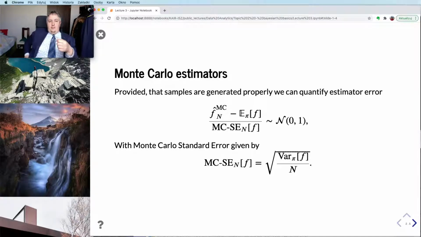For sums of random variables, we have the law of large numbers, and we have the central limit theorem, and the central limit theorem says that a variable that is a sum of identically distributed variables, and the mean is exactly that, is normally distributed, and this normal distribution has the expected value equal, in this case, to the expectation, and has a standard error given by the square root of the variance of f with respect to distribution pi divided by the number of samples.